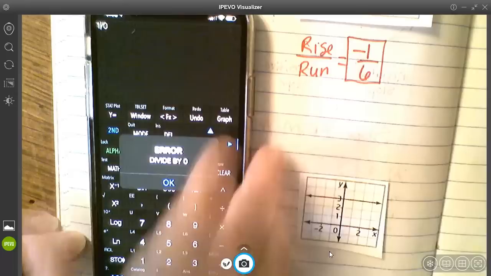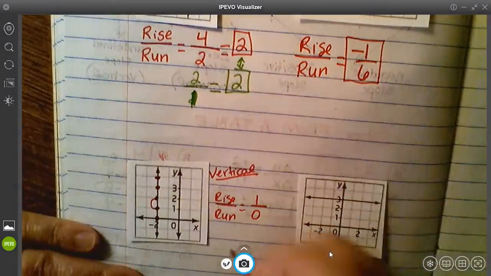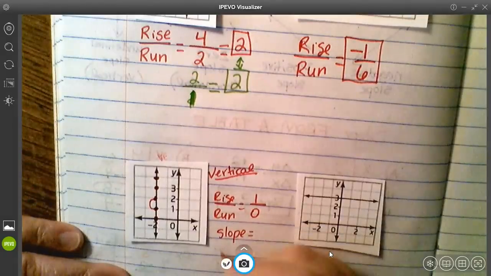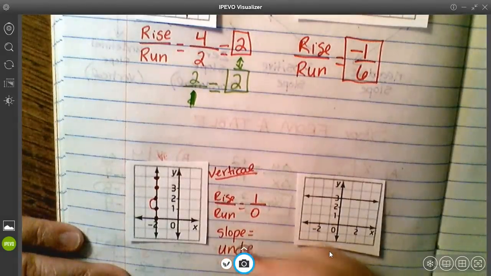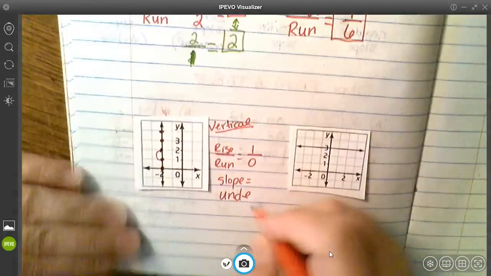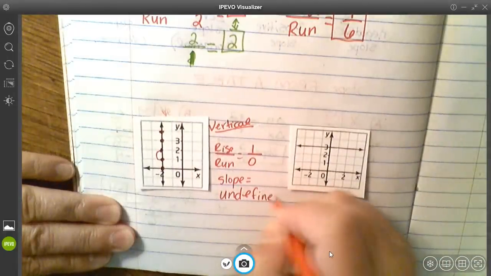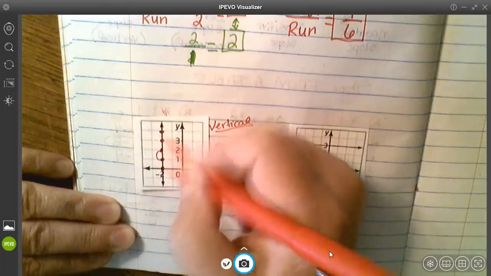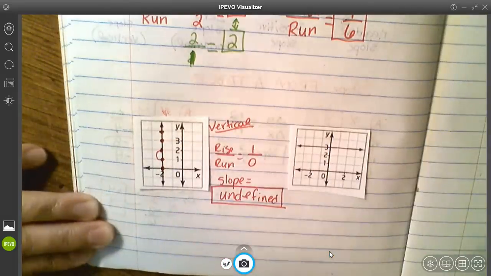Error, divide by 0. I cannot divide by 0. So this slope is undefined. Okay, so remember, this is a vertical line. It always has undefined slope.